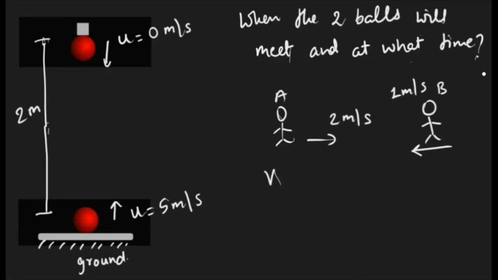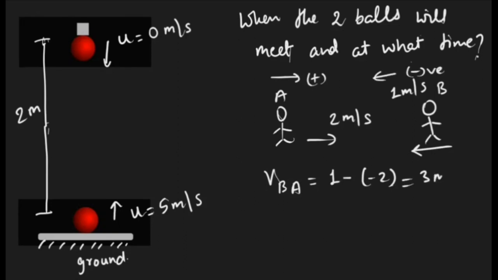It is 1 minus of minus 2, because if the right hand direction is positive, then the left hand direction would be negative. Basic sign conventions. So it is 3 meter per second. The velocity of A perceived by person B is also 3 meter per second. This is called relative velocity, VAB.